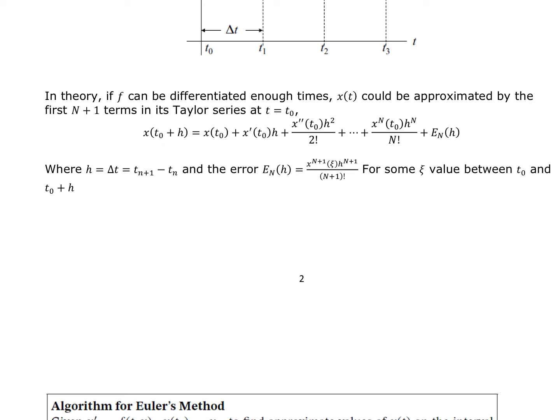So there are times in which I can find x of t naught plus h, h being the difference between one t and the next t, by a Taylor series. This is a nice Taylor series, where h is equal to the change in t, in other words, from this point to this point, this delta t or h.